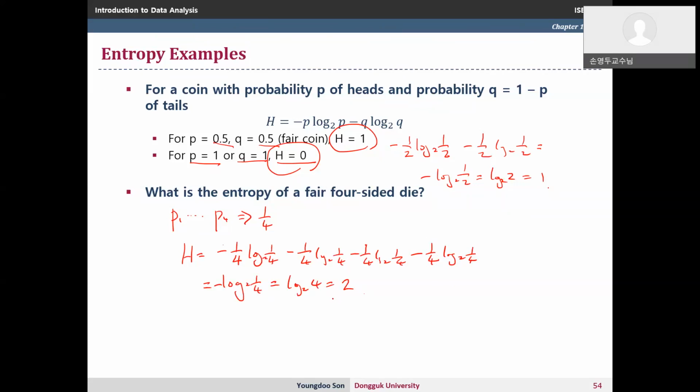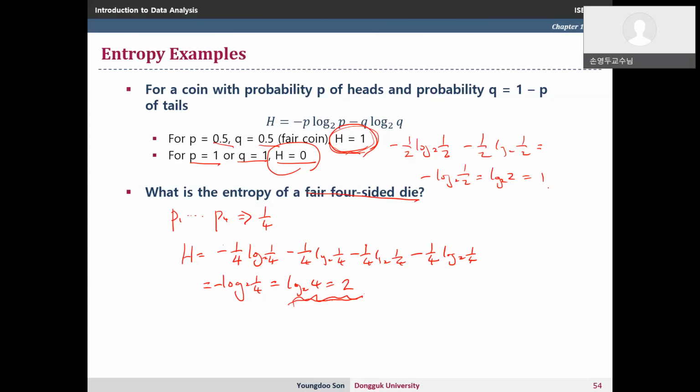So here we can see that the entropy of a fair four-sided die gives more information than a fair coin. Its expected information is larger than this one. Okay, we can easily think of it that way.